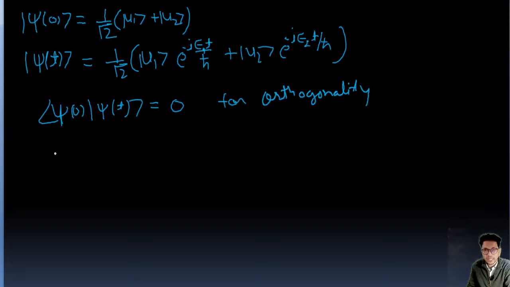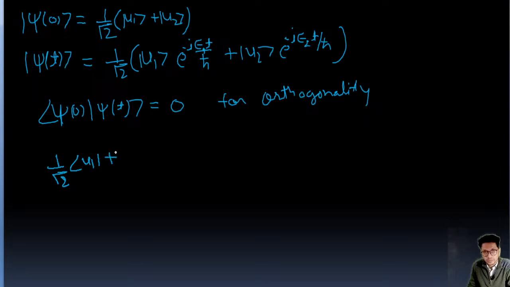So we'll write here 1 upon root 2 (u1 plus u2) as the bra. There is no iota in it, no imaginary part, so this will be the same.